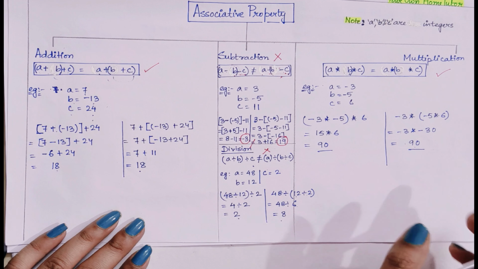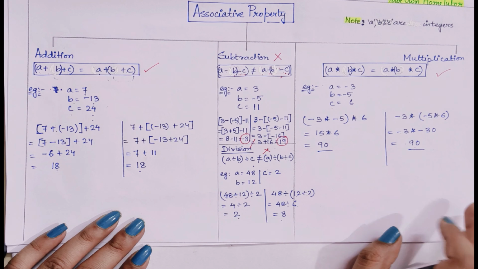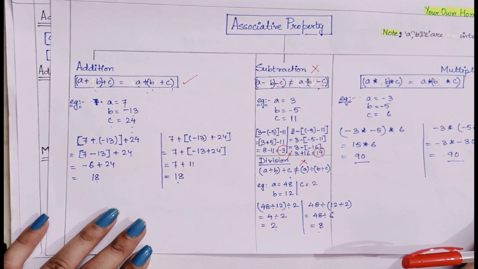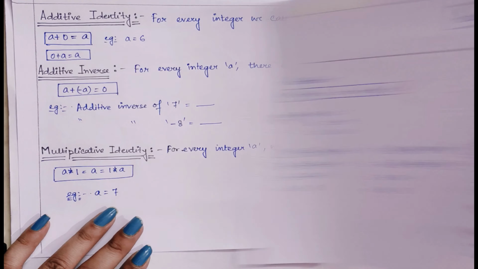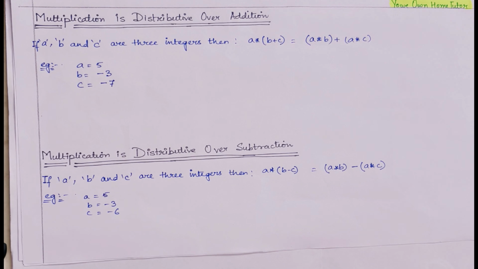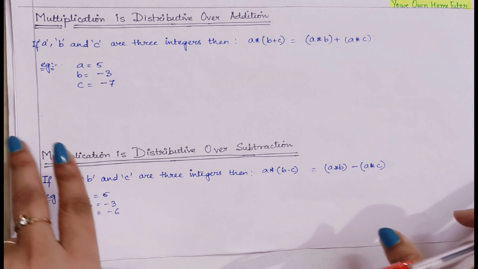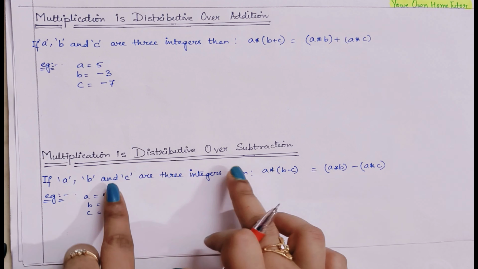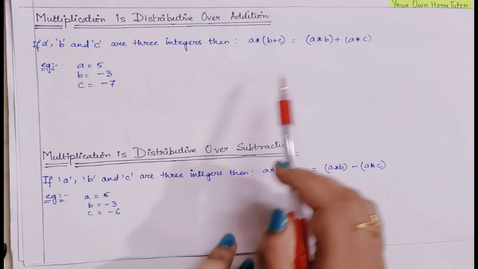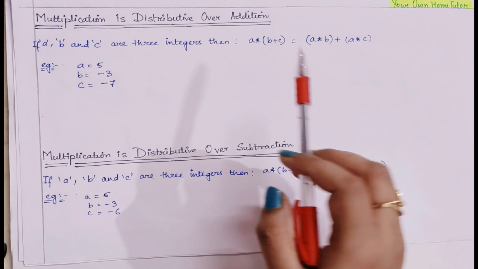Now you have seen closure property, commutative property, associative property. Now we will see a special property which holds only for multiplication. If you see here, I have written multiplication is distributive over addition and multiplication is distributive over subtraction. So what does this mean? Let us go one by one and understand.